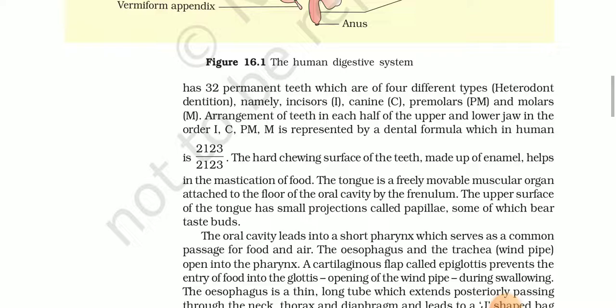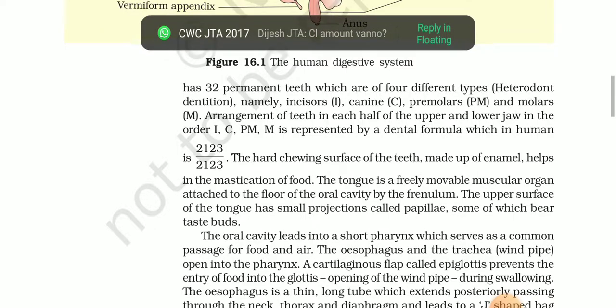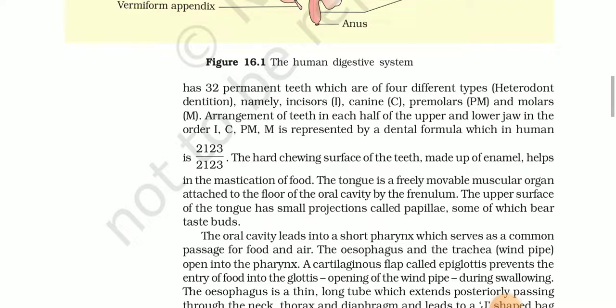So the surface of the tongue has small projections called papillae, and these papillae bear the taste buds.